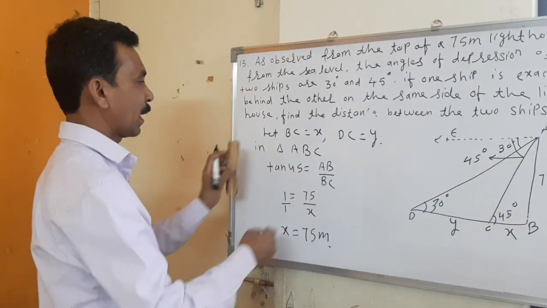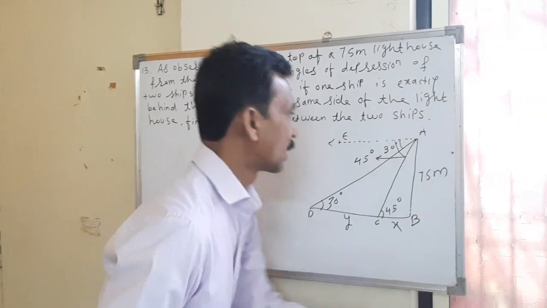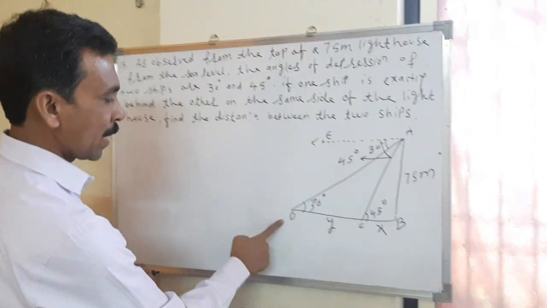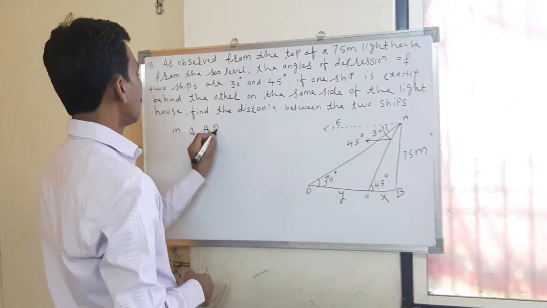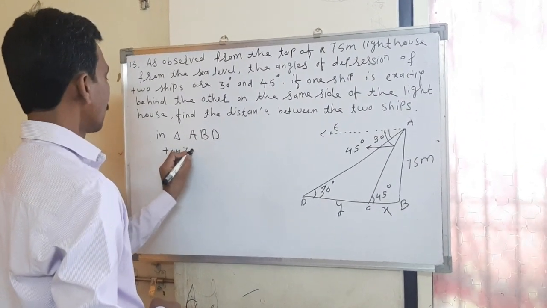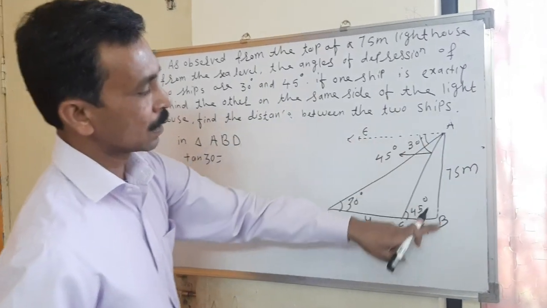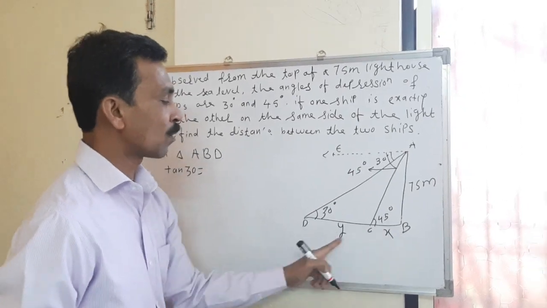Now what to do with Y? Take the big triangle. What is the big triangle? Triangle ABD. In triangle ABD, tan 30. Why tan? AB is opposite and BD is adjacent. But BD is made up of what?